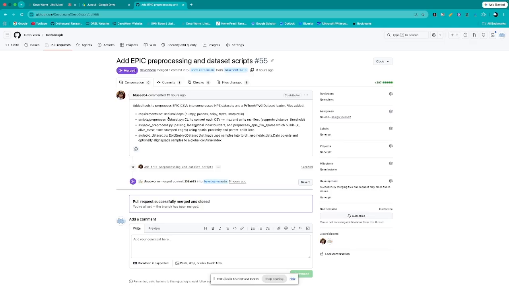These are the files added: requirements.txt, and scripts in preprocessing dataset.py, which does the transformation and supports a conversion to a distance with threshold model of getting the distances and edges of the network.